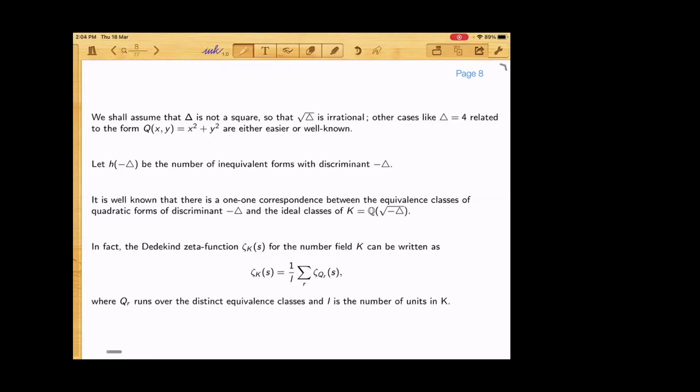It is well known that there is a one-to-one correspondence between the equivalence classes of quadratic forms of discriminant minus delta and the ideal classes of the imaginary quadratic field. In fact, the Dedekind zeta function and the Epstein zeta function are related in this way, where L denotes the number of units in the field K.